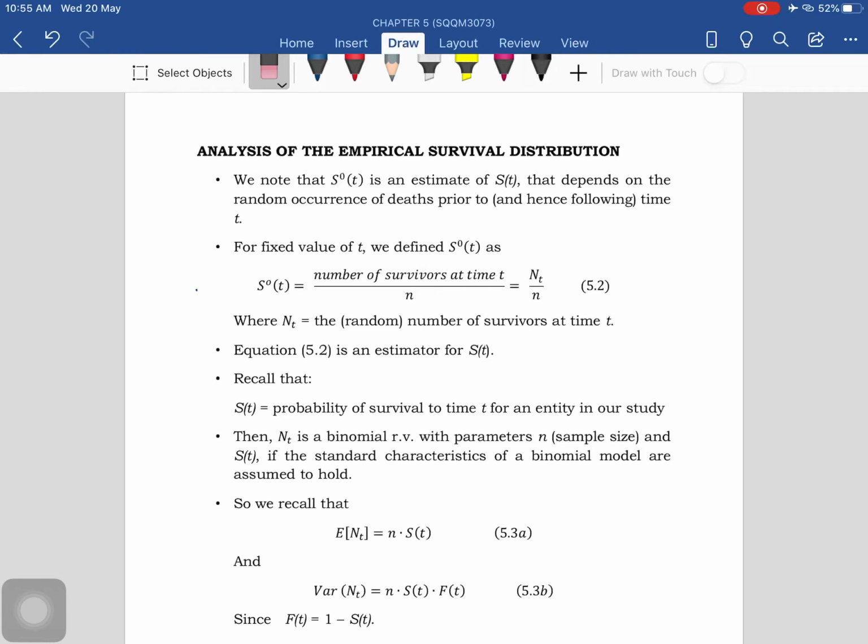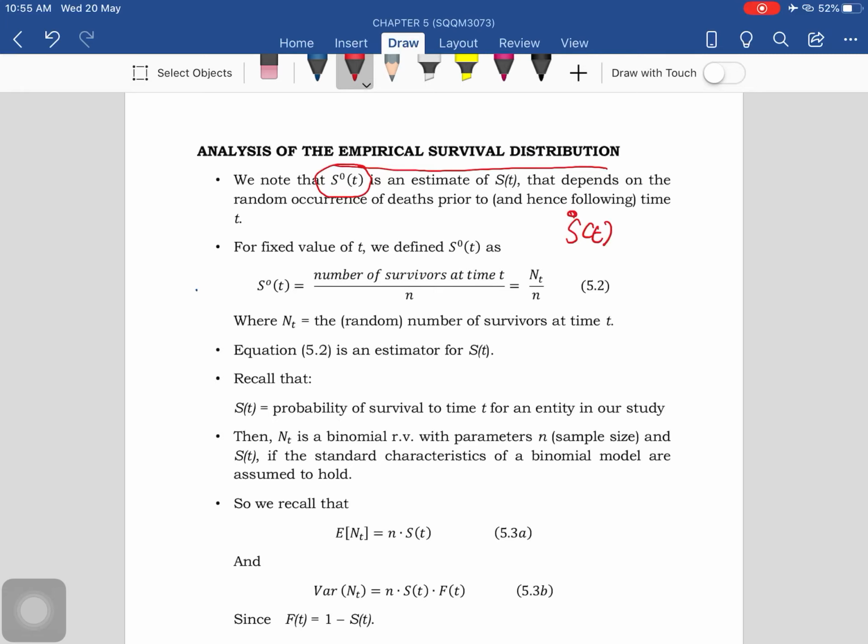Okay, now we move to the next part, analysis of the empirical survival distributions. Last time we learned the new notation, the observed proportion surviving to time t, which we denote as S_hat(t).